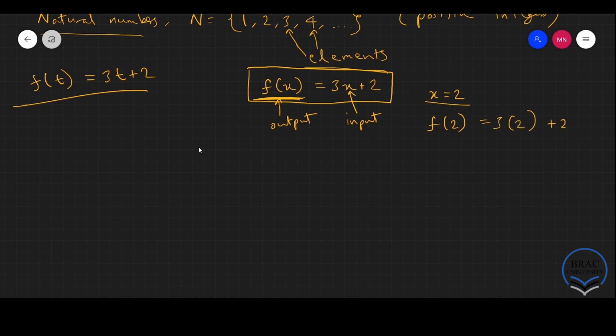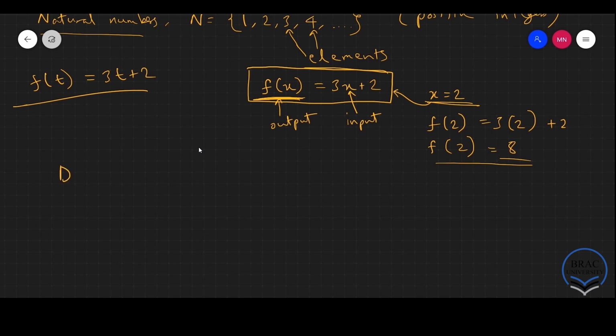All we're doing is just substituting this value of x into our function. So we have 6 plus 2, we get 8. So our output here is 8. So we only have a single output for a value of x. So if we have several outputs for a single value of our input, then that no longer satisfies the definition of a function. So for one input, there can only be a single output.